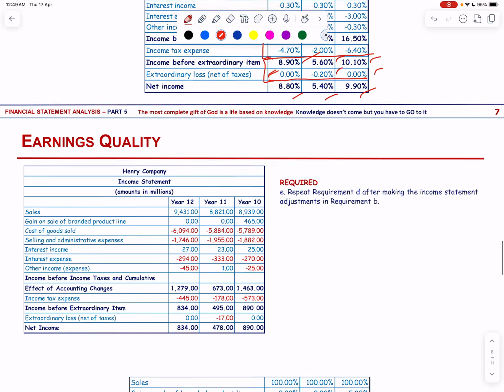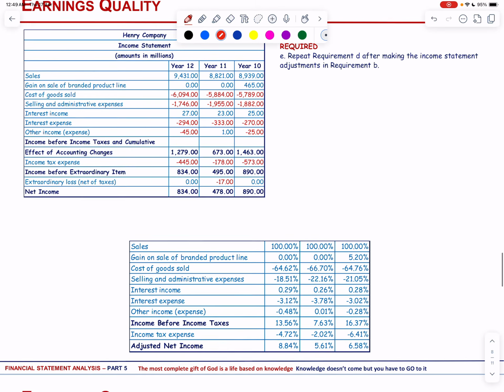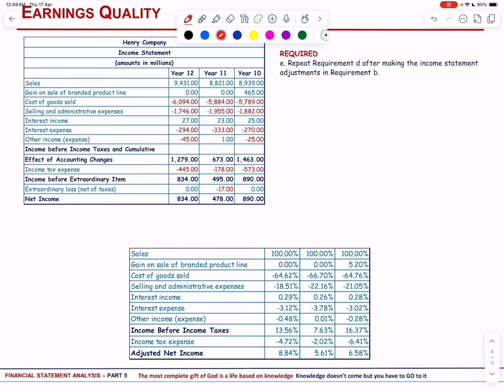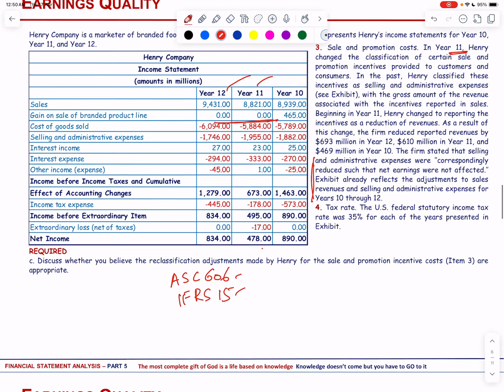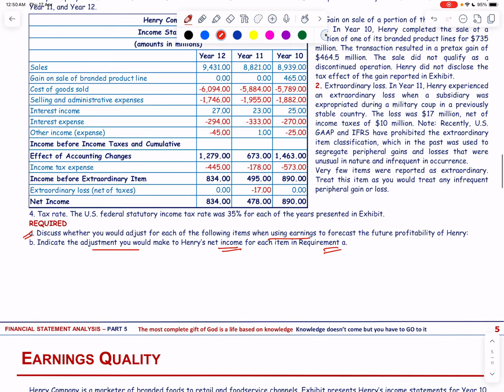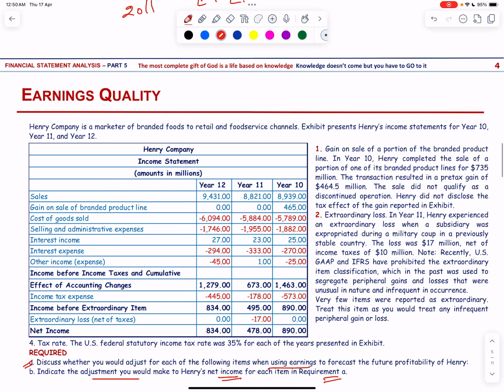Okay, now we move on to part E. In part E, they say repeat requirement number D after making the income statement adjustments in requirement B. Now, to repeat the common size income statement, this time we have to adjust the net income figures based on the adjustments that we did before.